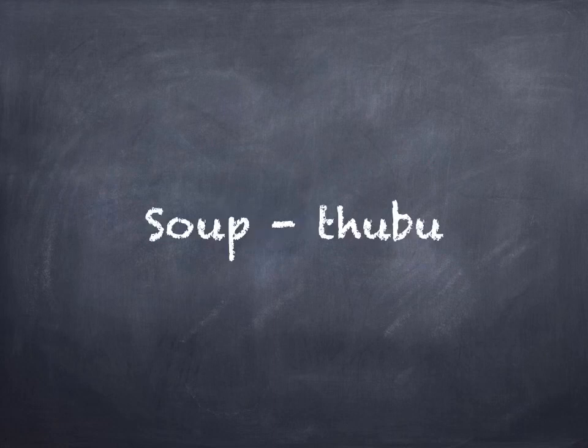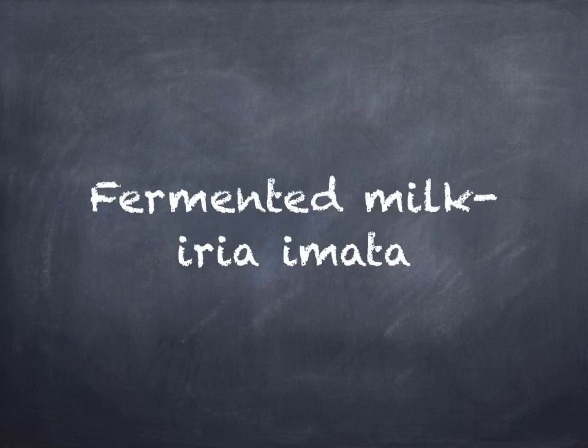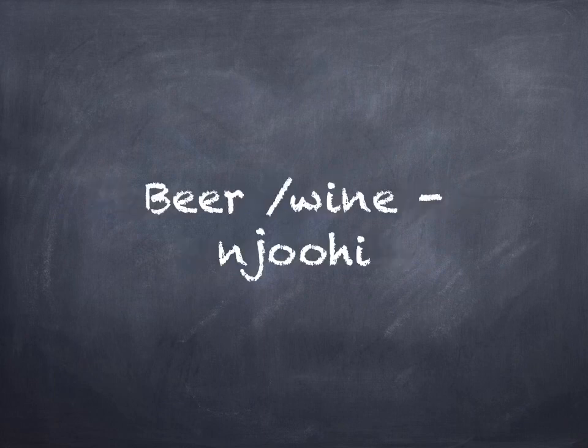Soup known as dhufu. Coffee known as kahua. Fermented milk known as iria imata. And beer known as johi.